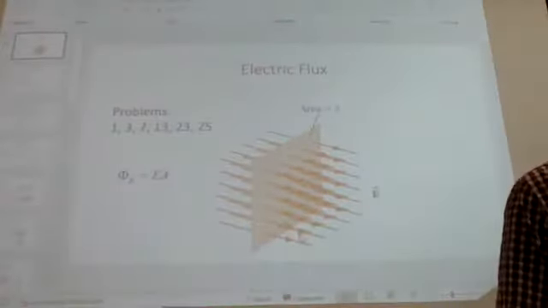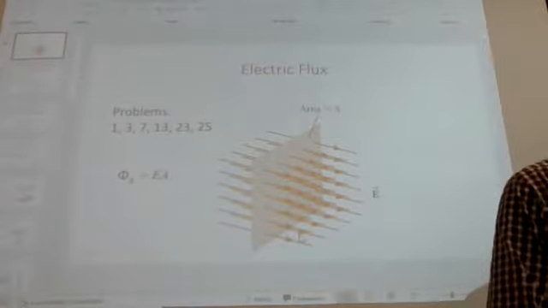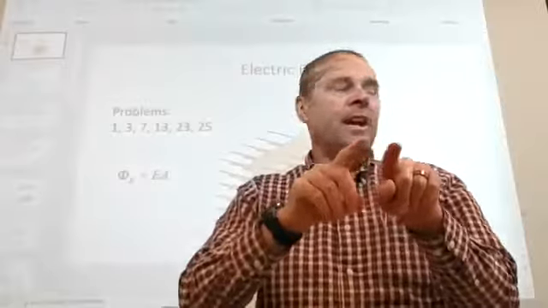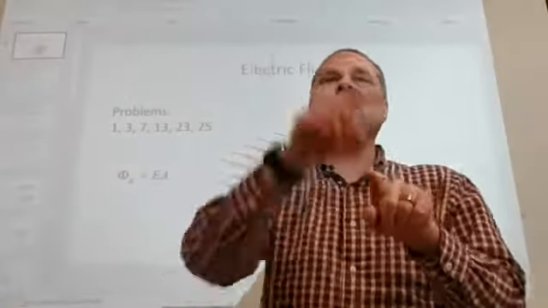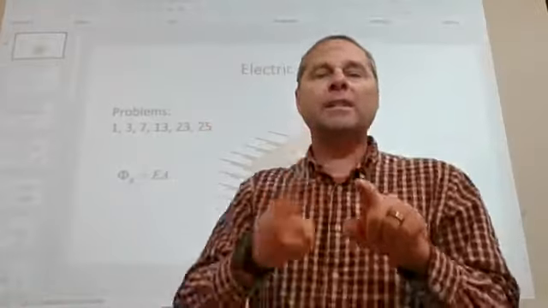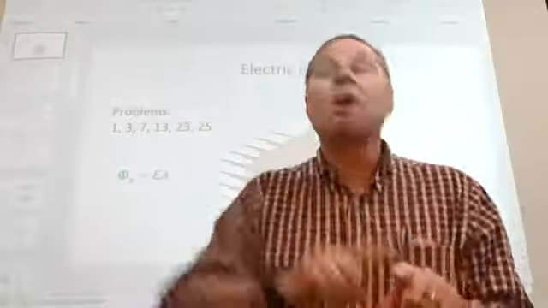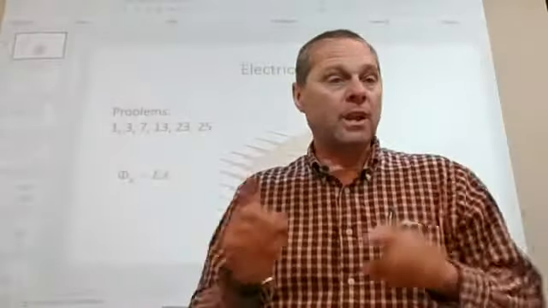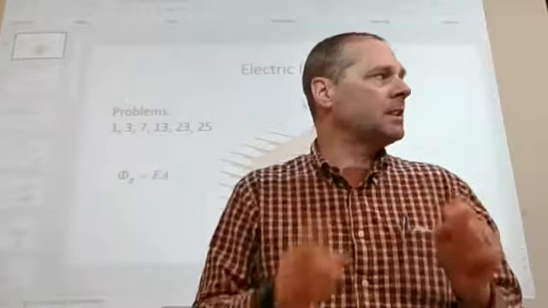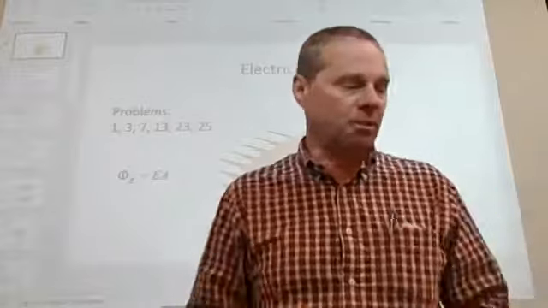Recall that the magnitude of the electric field is proportional to the number of lines per unit area. Remember that I showed you this point charge plus, and I said, look at the electric field lines protruding from this plus charge. If the charge is twice as much, we'll have twice as many field lines as if it were just plus one. So the field lines coming from a positive 2 charge are twice as many as from a single charge.